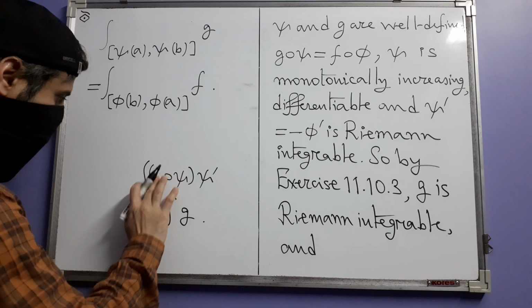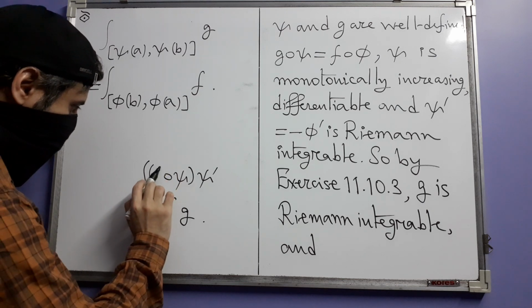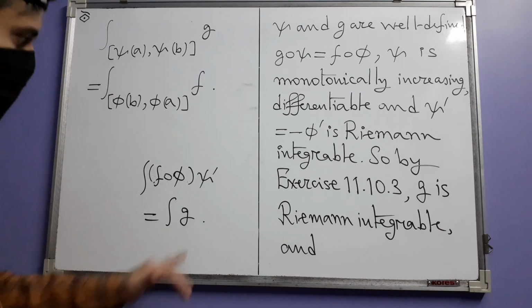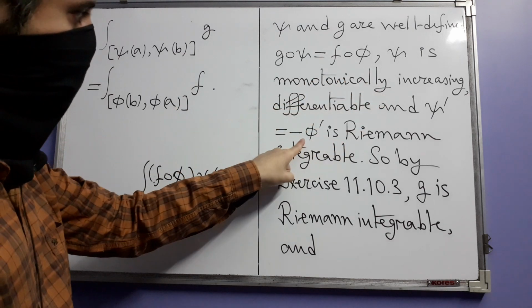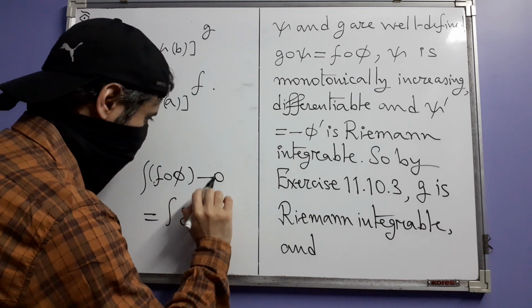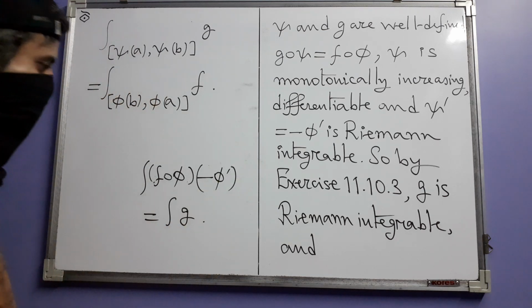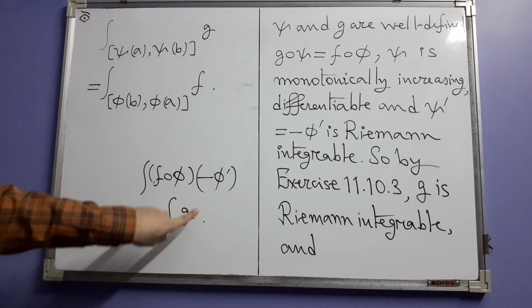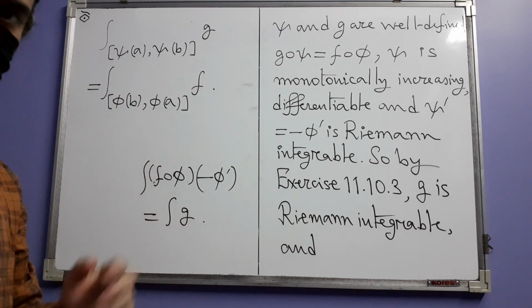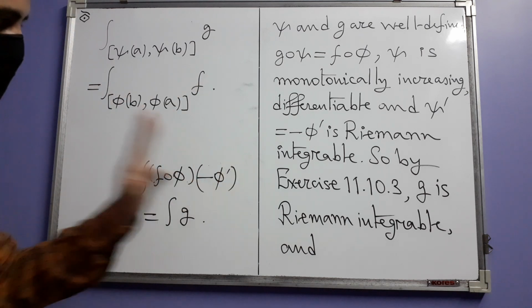So you can write f composition phi here, and in place of psi prime you have minus phi prime. So that's how you get that this integral is equal to this integral, which however is equal to this integral. So that's how you actually get your proof.